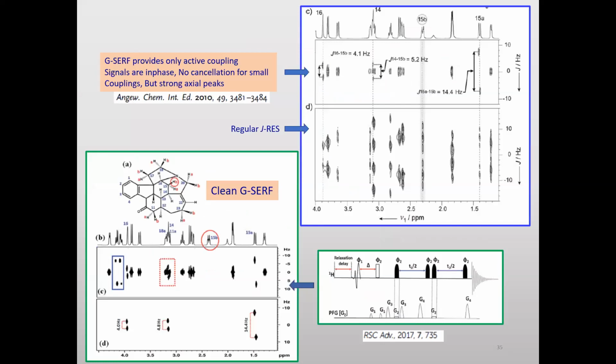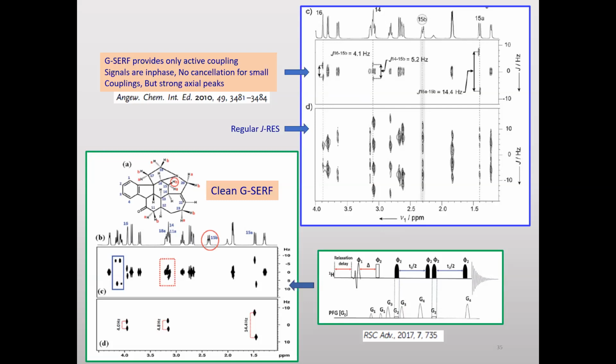So here is a little bit about the G-SURF, and you can see I'm showing you a G-SURF spectrum on the right side, spectrum C. G-SURF provides only active coupling information. Signals are in phase, and therefore there is no cancellation for small couplings. That's the advantage of the G-SURF experiment. The drawback of the G-SURF experiment is that there are strong axial peaks along the frequency line 0.